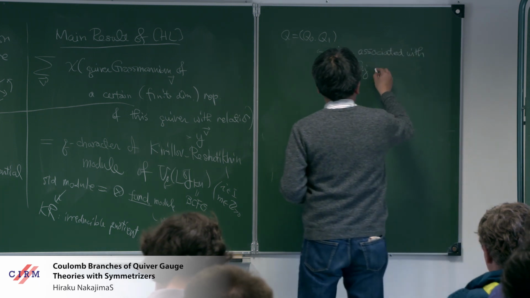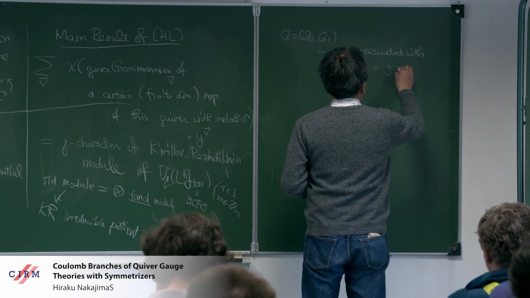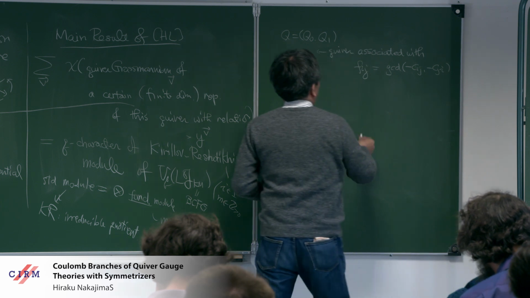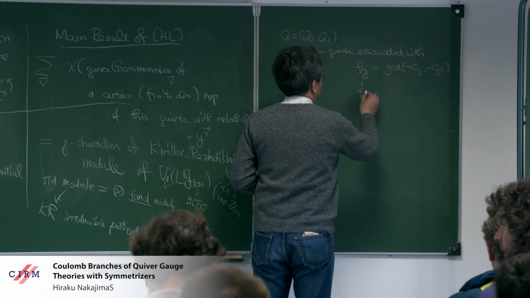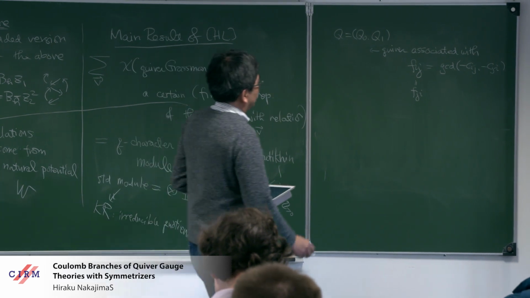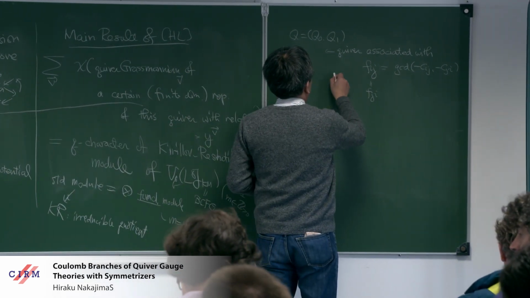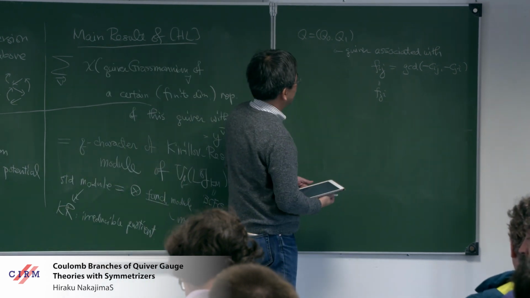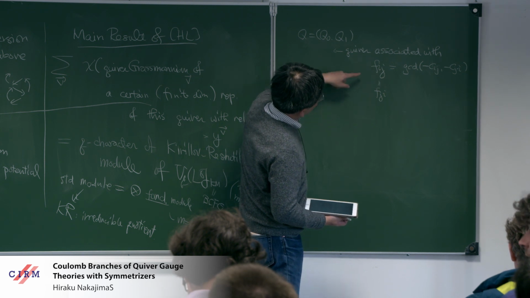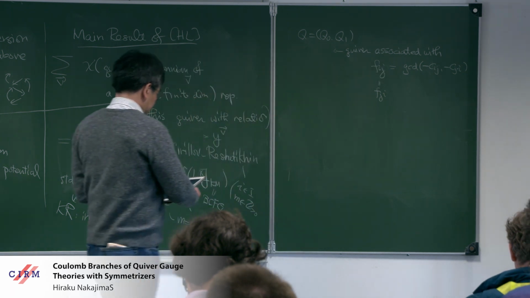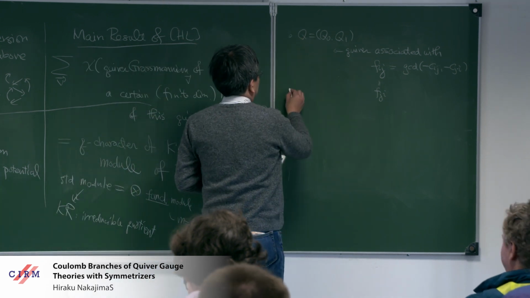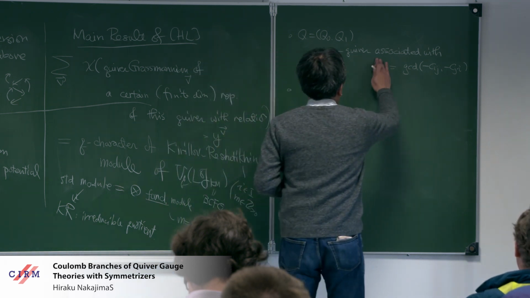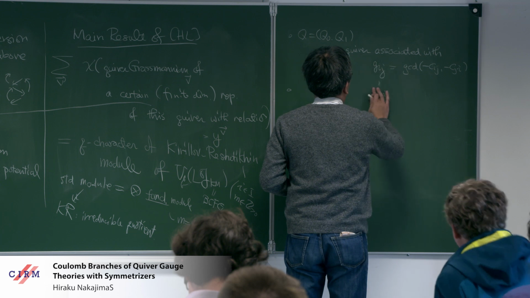So F_ij is the GCD of minus C_ij and minus C_ji. This is equal to, by definition, F. Of course, this is diagonal, so there are no self-edge loops, and you just draw F_ij arrows between i and j. And I consider... I think before it was G_ij. Sorry, this is G_ij. Yes, thank you.